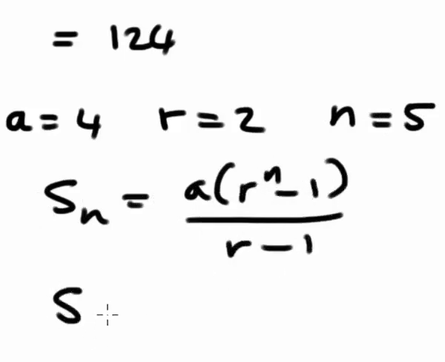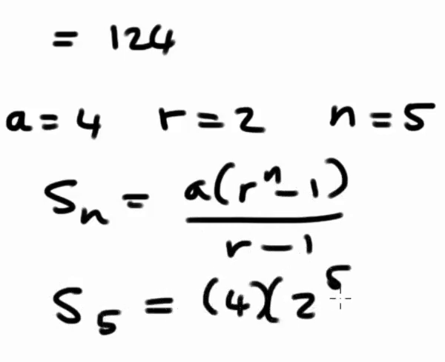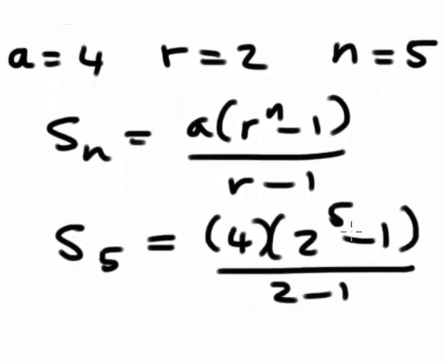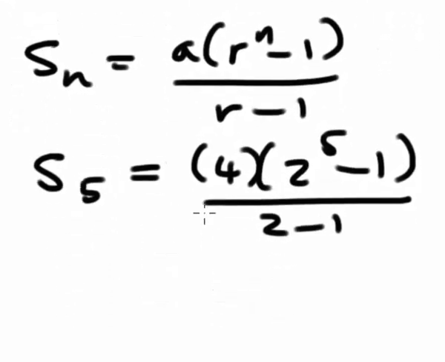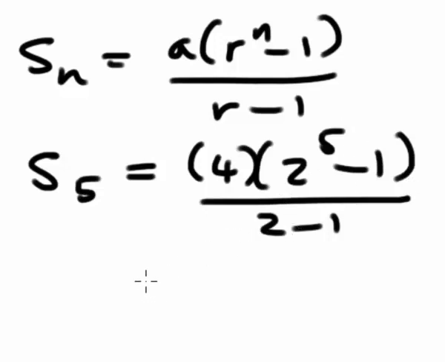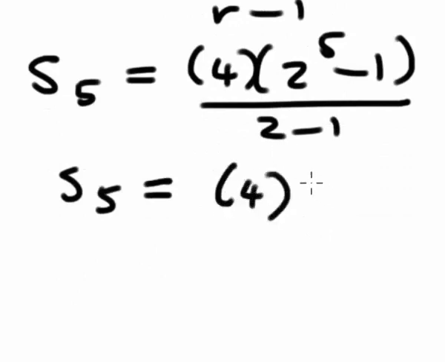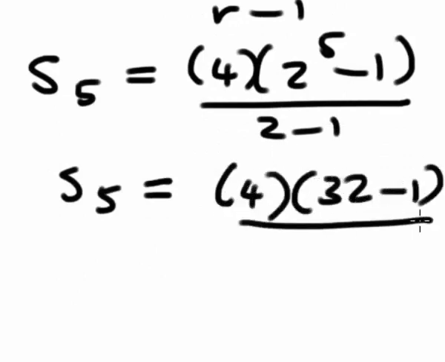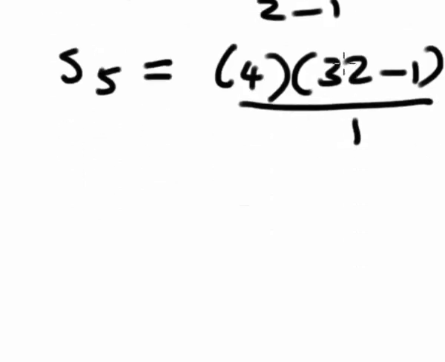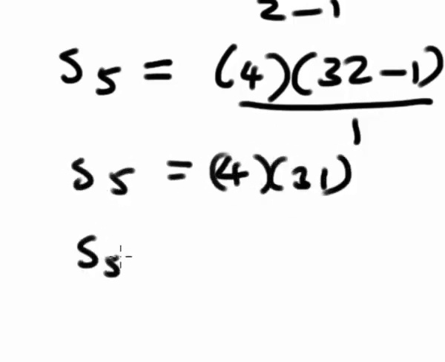So the sum of the first 5 terms would be 4 into 2 to the 5 minus 1, all over 2 minus 1. That's 4 times 31 over 1, which gives you 124. And it's exactly the same as simply adding it up.